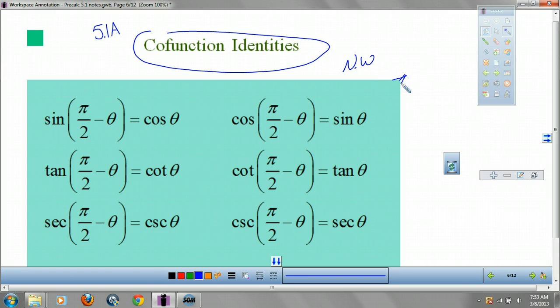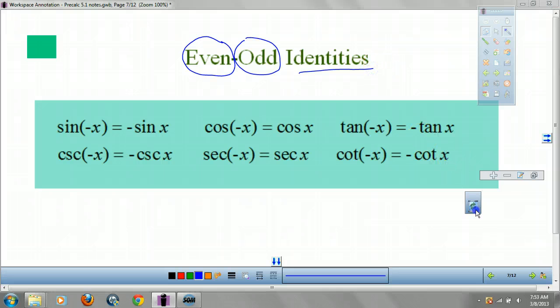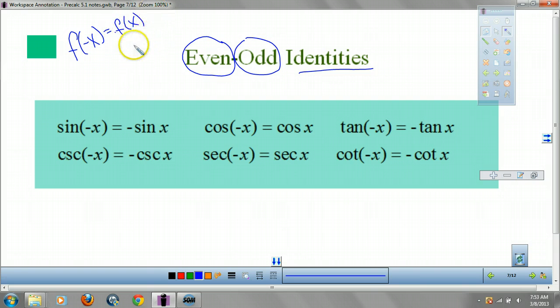You guys can pause this and write if you need more time, but I'm going for it. Even, odd identities. These are also noteworthy. Do you remember, if f of negative x equals f of x, then you're even?